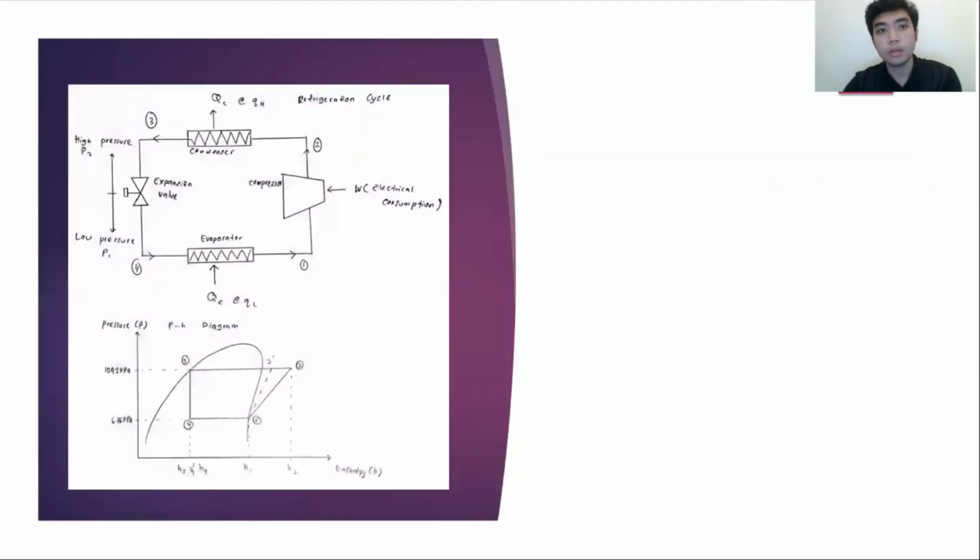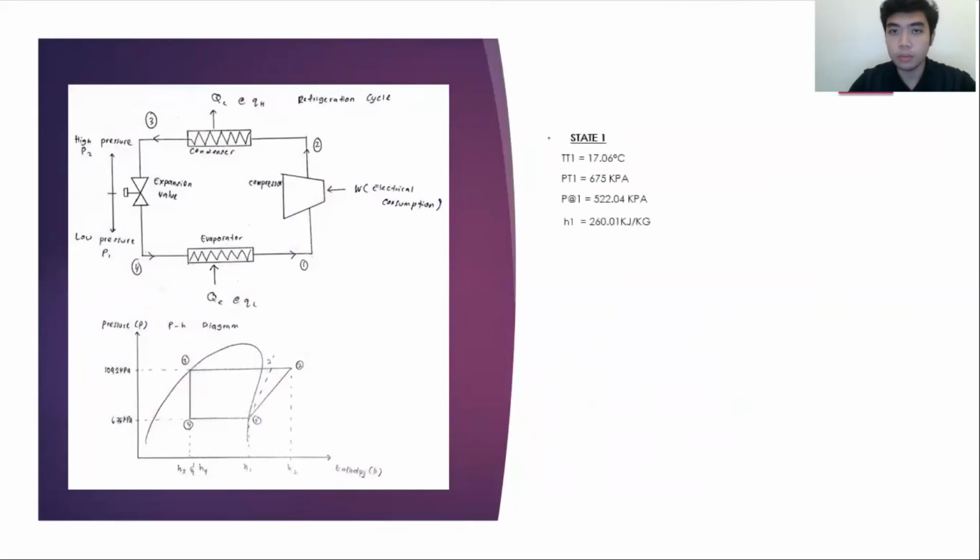And this is the refrigerant cycle and also the pH diagram, where we will refer to this pH diagram to find the enthalpy for each point, starting from point 1 until point 4.